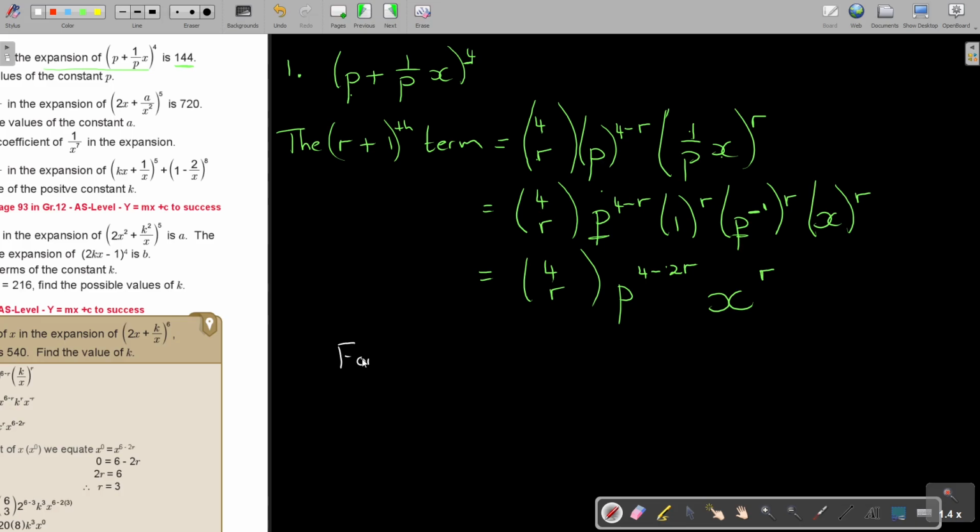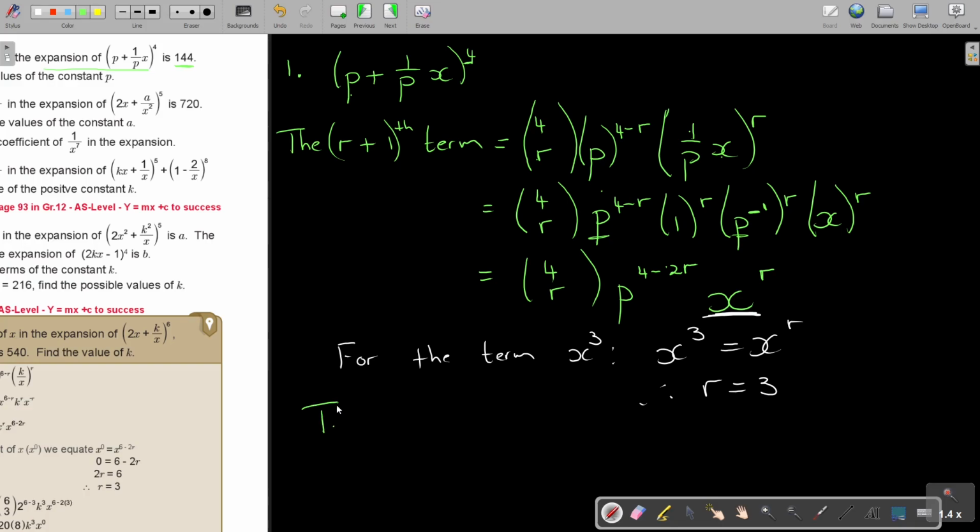So for the term x3, we are going to have x to the power 3 equals, just focus on the x, x to the r. So therefore, I can already see that r is going to be 3. So I'm going to go on.